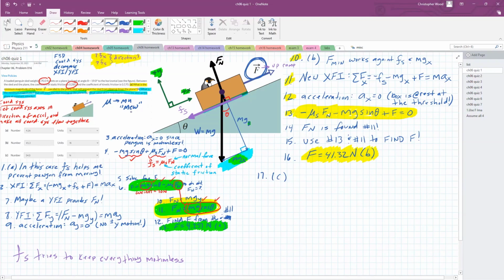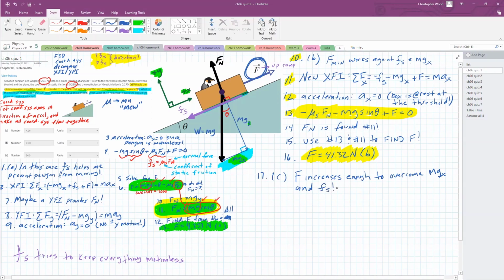So part C says, now I have increased the force enough so that I break through static friction. So I'm going to say this: F increases enough to overcome mgx, which is going down, and static friction.